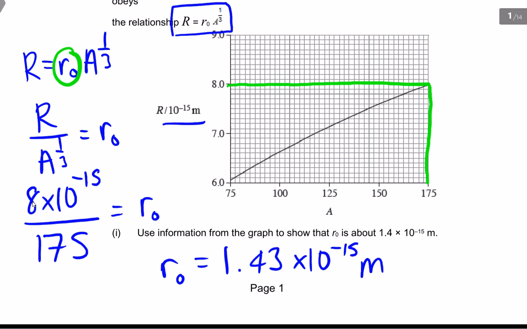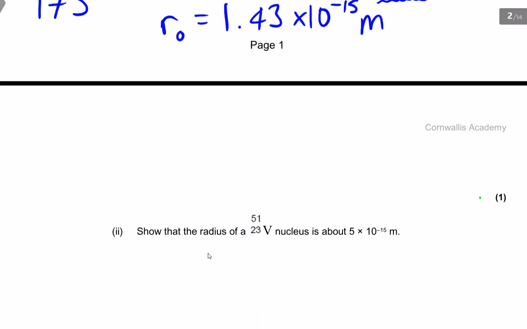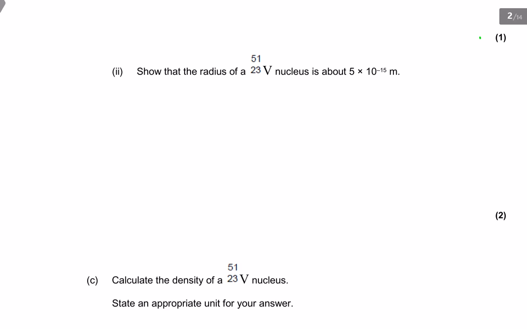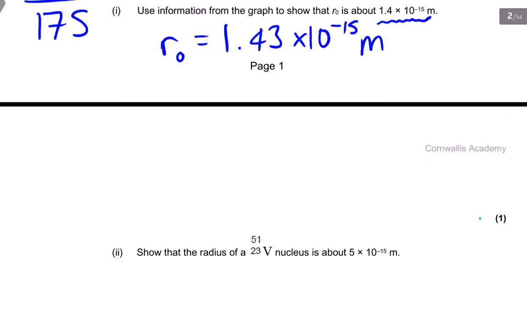Okay, that's approximately equal to 1.4, so we're on the money. Moving on. Part 2, show that the radius of a 51 23 V nucleus is about 5 times 10 to the minus 15. So I'll just scroll back up here.